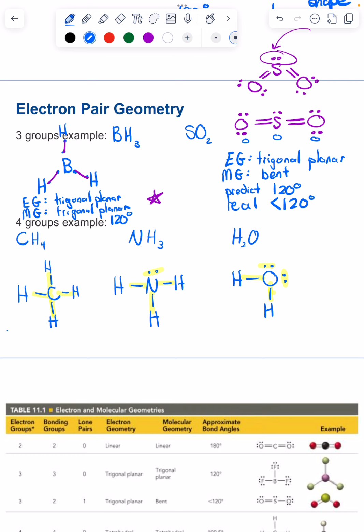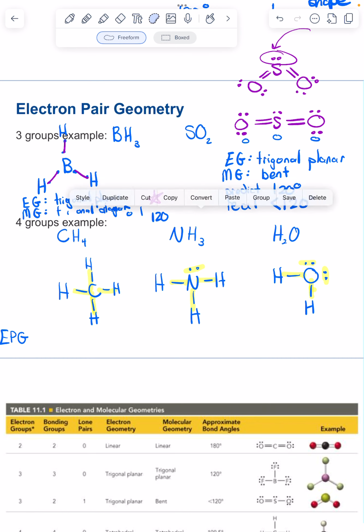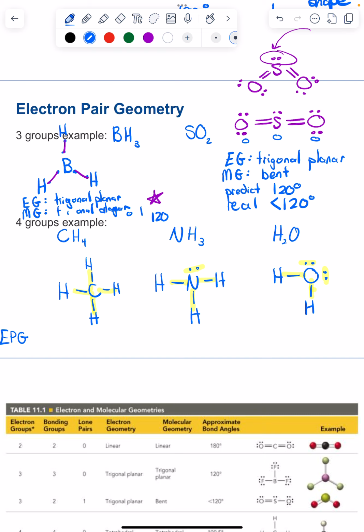Okay, so for every single one of these, electron pair geometry, I think the simulation just calls it electron geometry. Let me move this to the side a little bit so we can add these labels. Okay. So for every single one of these, the electron pair geometry is tetrahedral.